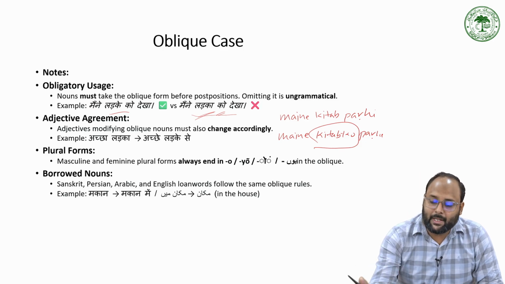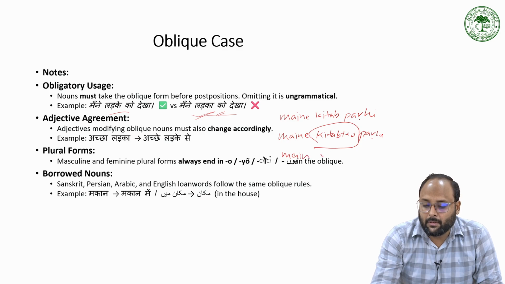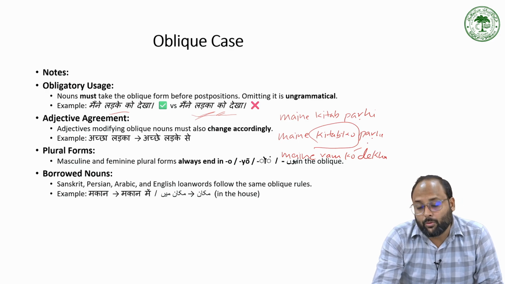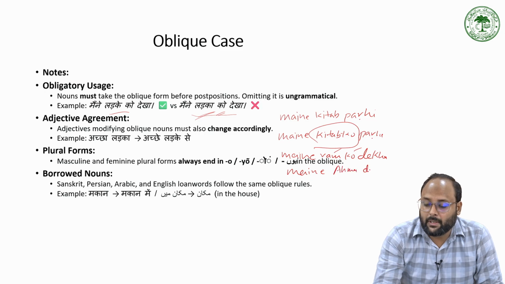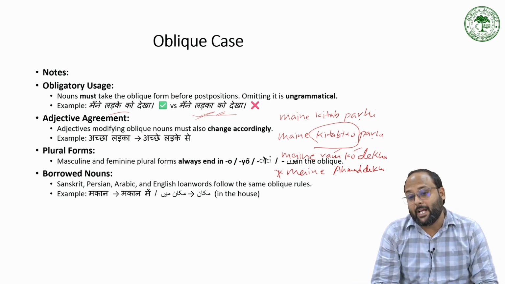And if you are using an animate noun in the object position, it must take the ko marker. For example, मैंने राम को देखा. It will always take the ko when Ram is an animate noun. But for the noun Ahmad, मैंने अहमद देखा, if it does not take the ko, it is not a correct sentence. So it must take the ko marker: मैंने अहमद को देखा.